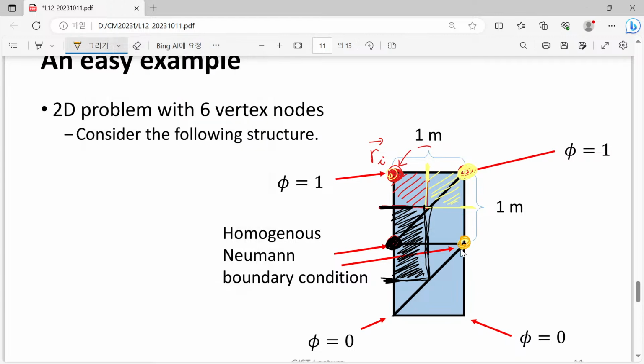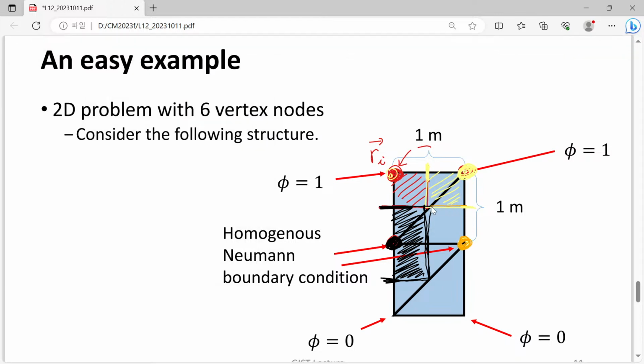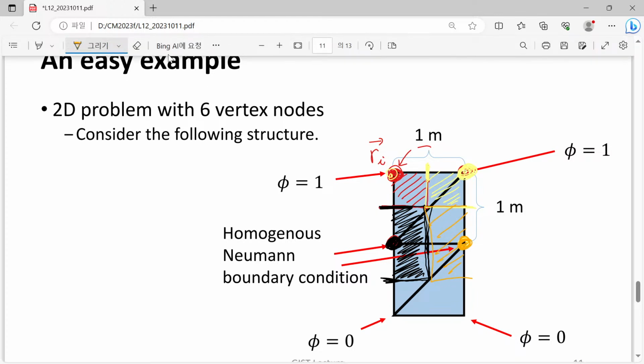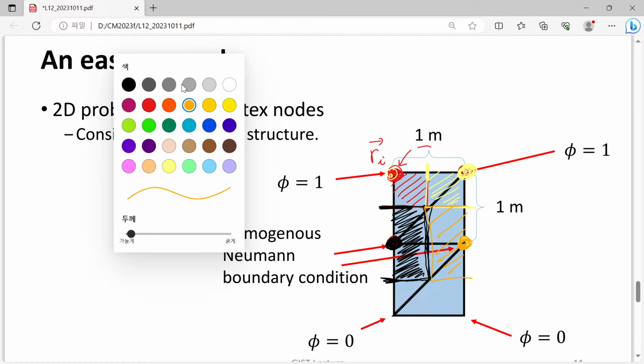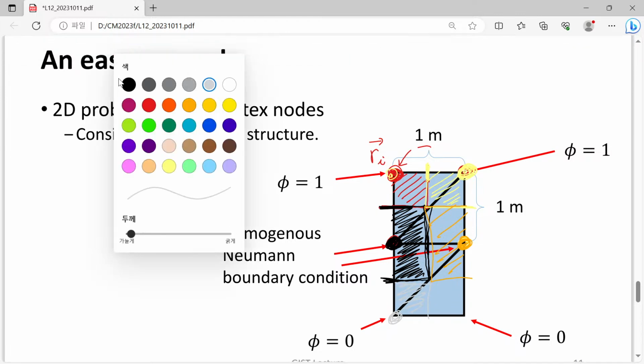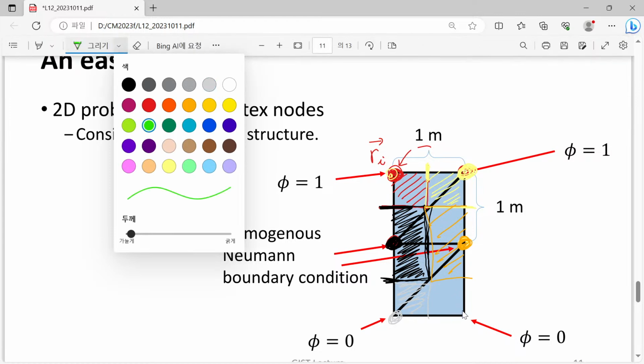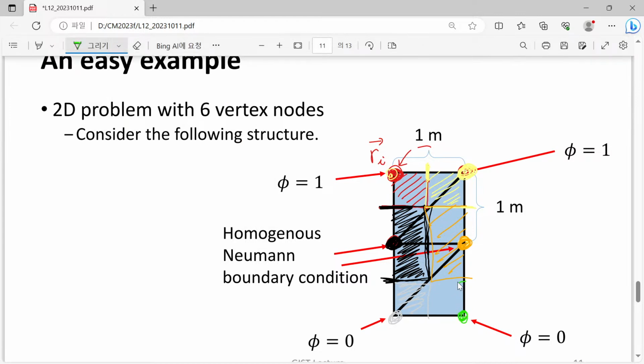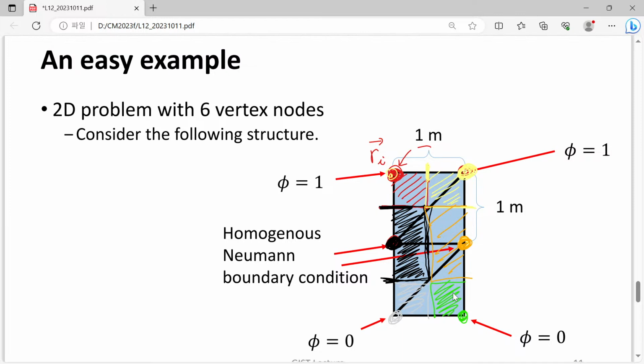If you follow this kind of thing, you find many things. For example, if we have this one, then that will be the box. Finally, we have two more. If we have this point, then that will be the box for it. And finally, we have this green point, and for the green point we have this box. This kind of division is quite common, and you can immediately understand the rule.